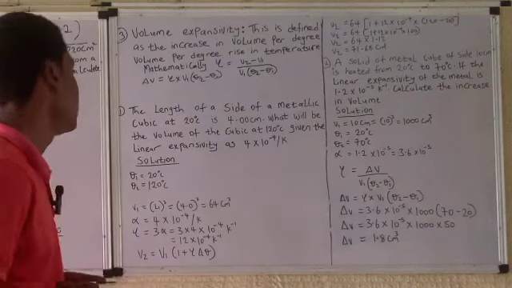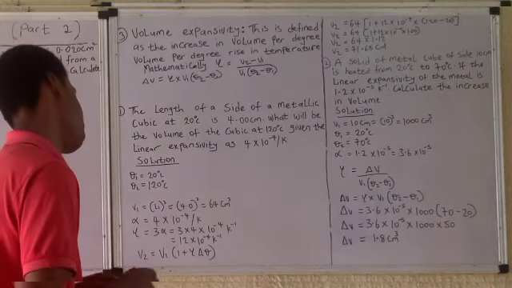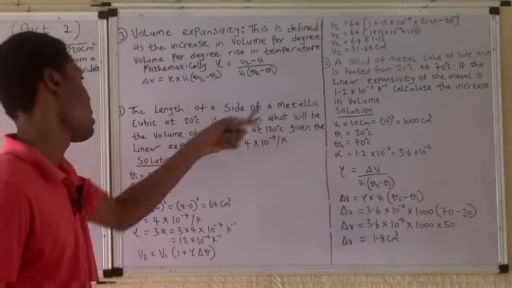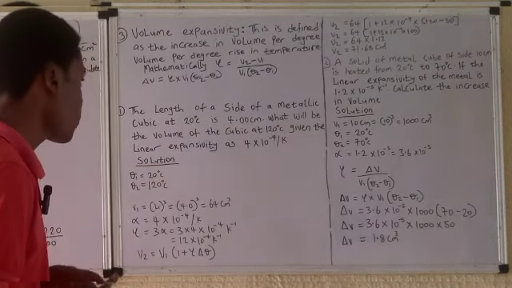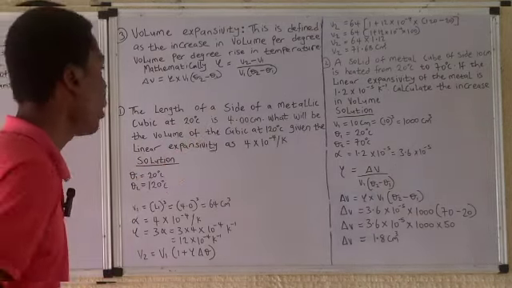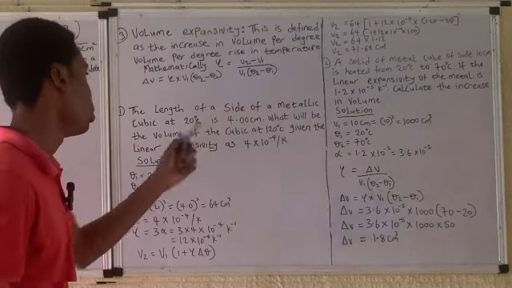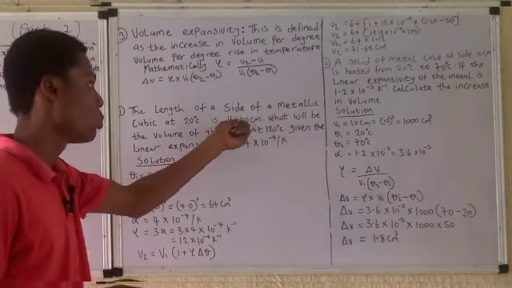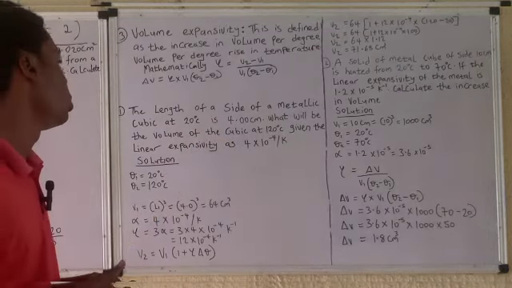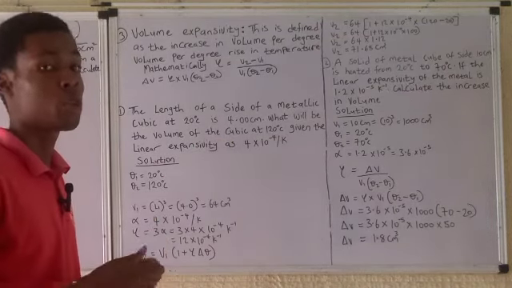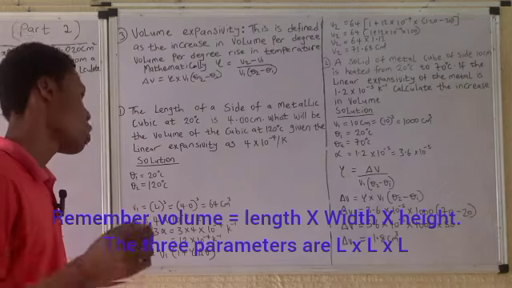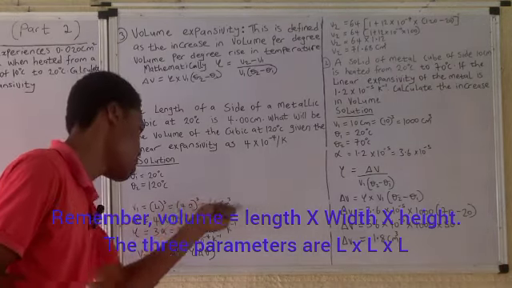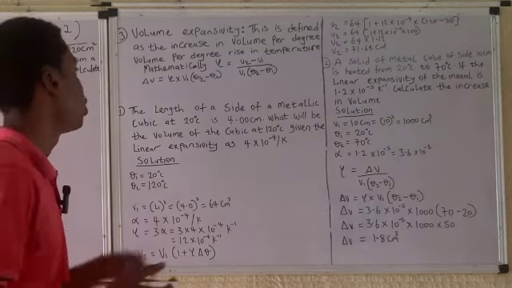So we take our 20 degrees Celsius as our initial temperature, which is our theta 1. Then it's 4 centimeters. Remember, they asked us what will be the volume. So this 4 centimeters is already linear. So we have to take it to volume, which we say 4 centimeters raised to power 3. 4 raised to power 3 is 64. So we have our initial volume to be 64 centimeter cube.